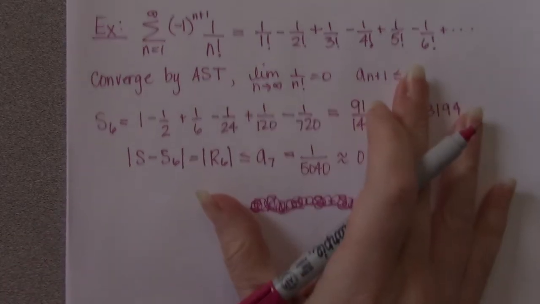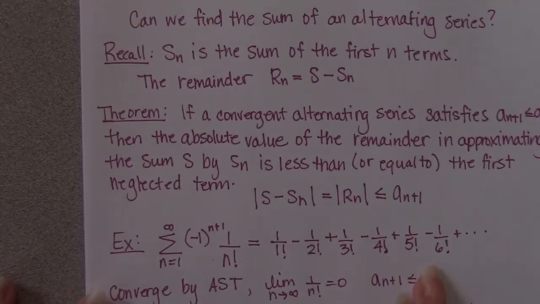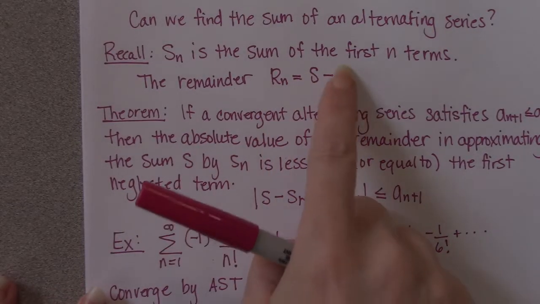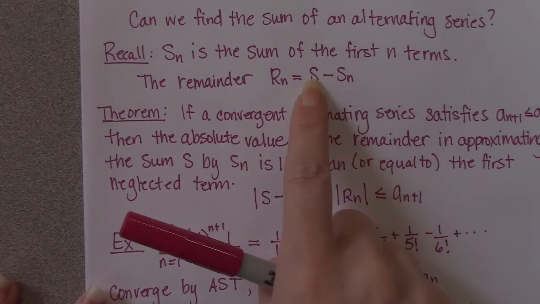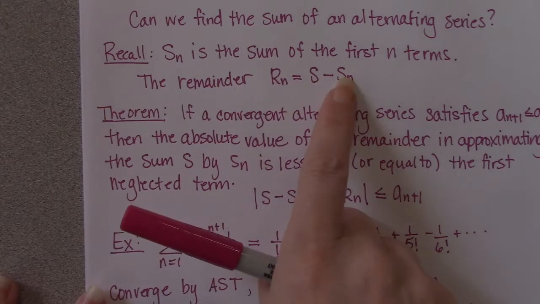If we go all the way back to this equation, if I add S6 to both sides, the total sum should be the remainder plus the sum of the first n terms. Does everybody see that? Okay.